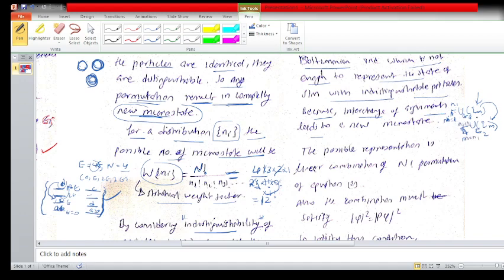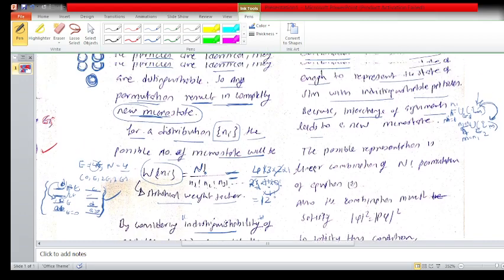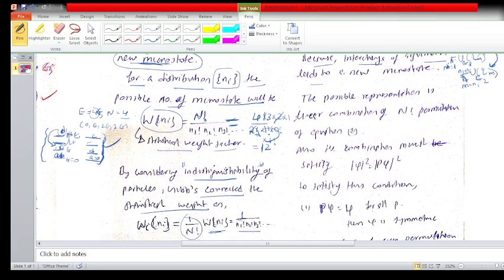If you interchange this qm with that qm, that also leads to a new state, a new microstate. So that particular expression is not enough to represent an indistinguishable particle system. So we need another equation, or another representation, for indistinguishable particles.